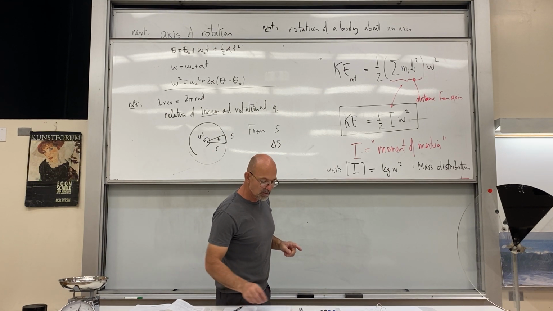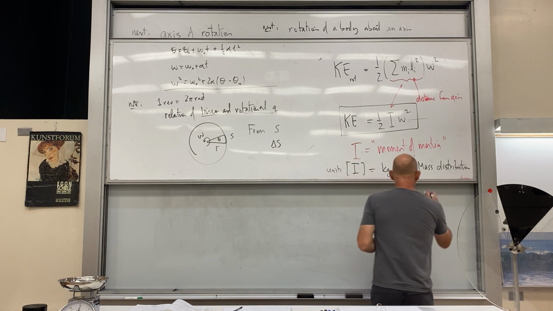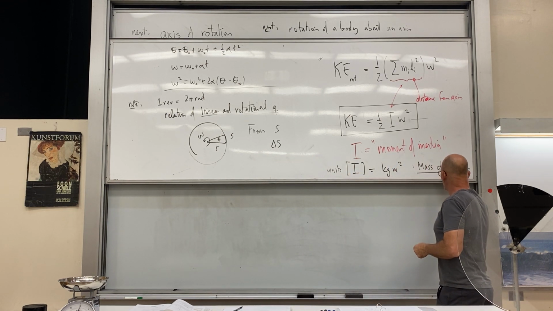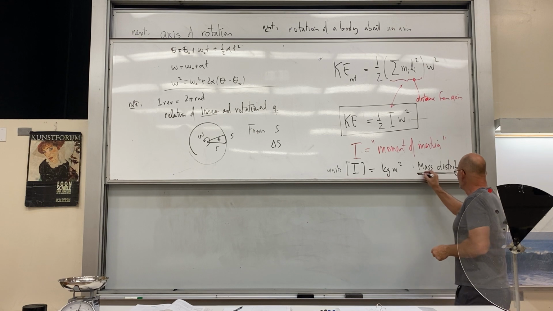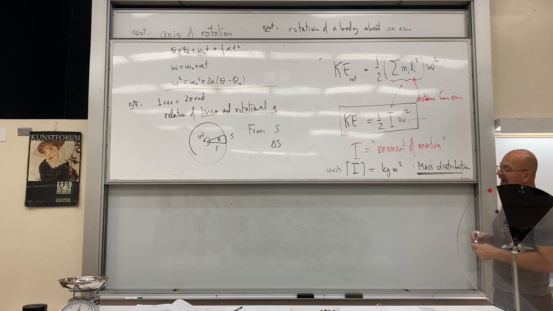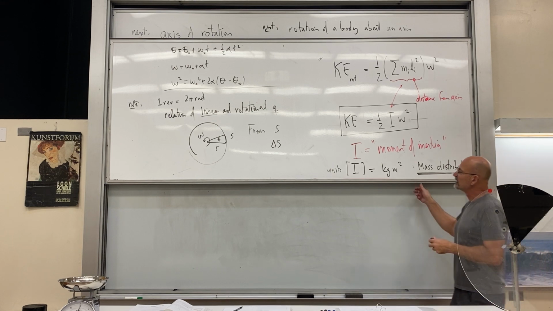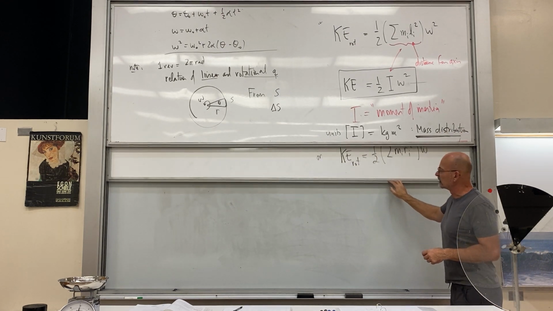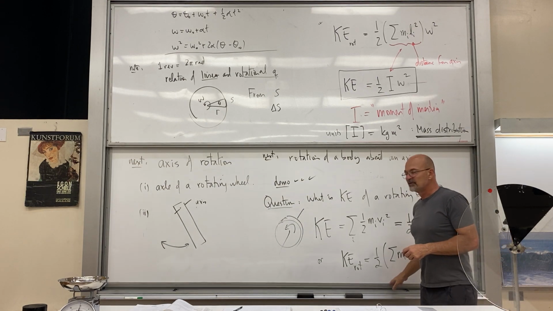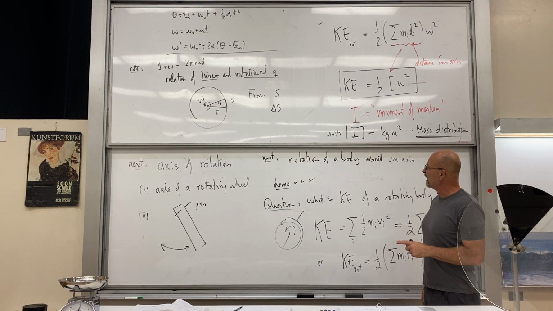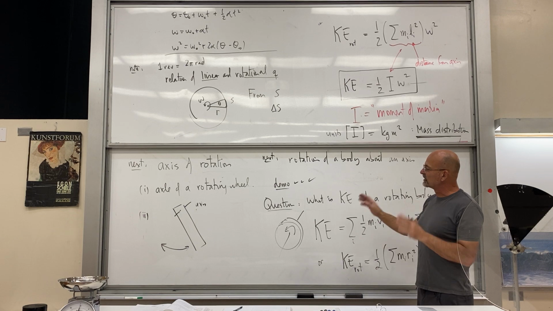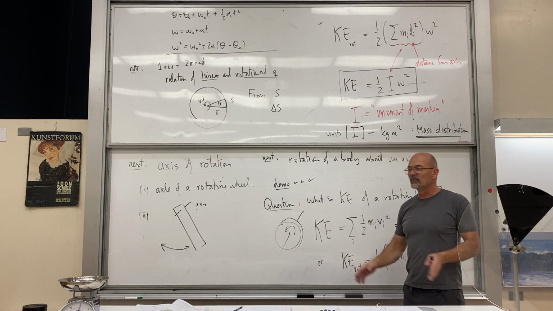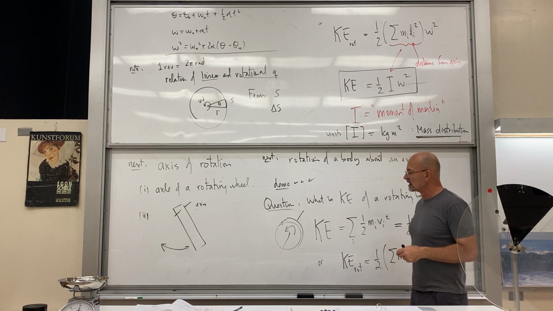So bottom line, mass distributions play a huge role in rotational dynamics. We're going to study extended bodies and mass distributions and forces on them, and we'll have to study them in some depth before we return to the rotational quantities.